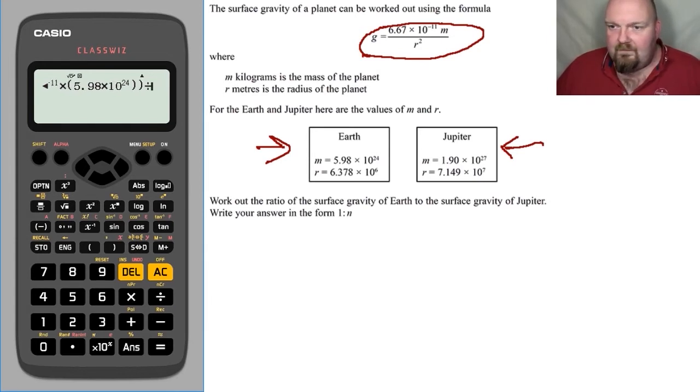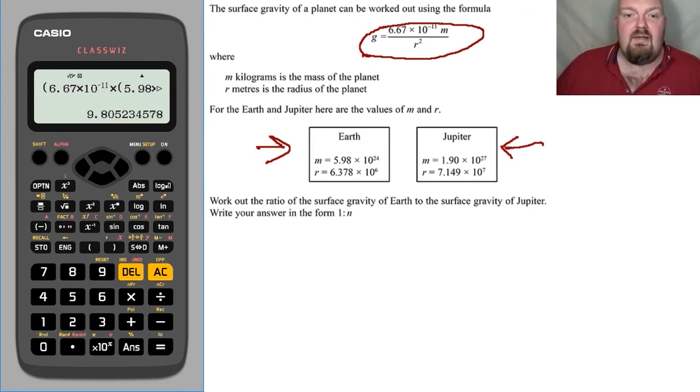Divided by, and again I'm going to open the brackets, but I'm going to put the value for r in another set of brackets. So it's 6.378 times 10 to the power 6, close the brackets, squared, close the brackets, and my answer is 9.805, okay?